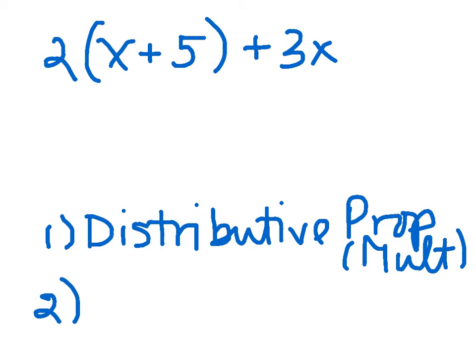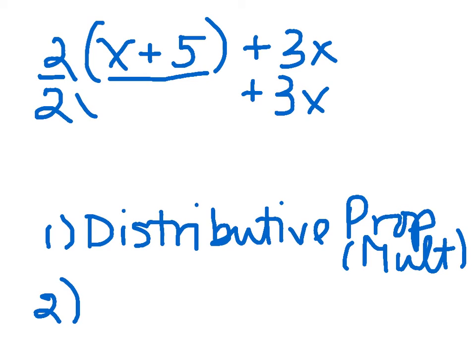One of the trickiest things is remembering what things go with the distributive property, recognizing it's always the number right outside of the parentheses and the quantity within the parentheses that we're talking about with the distributive property. Since this isn't involved with that at all, I'm just going to bring it down before I even start. From the distributive property, we know that this is the same as 2 times x plus 2 times 5.